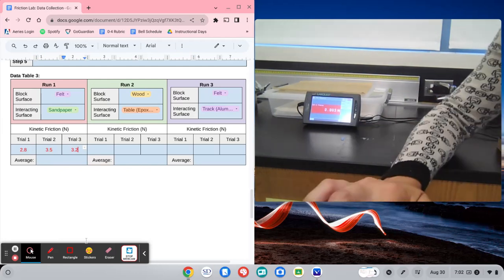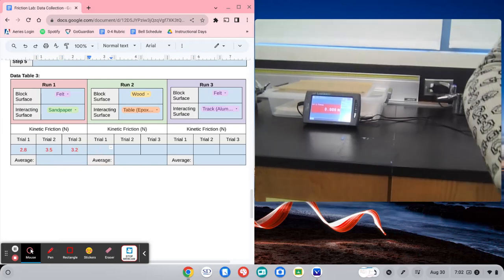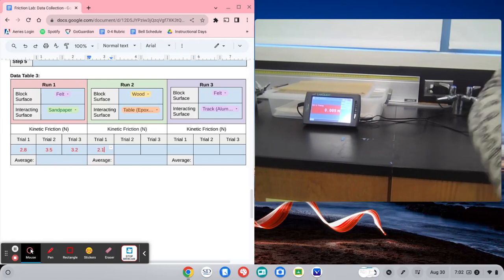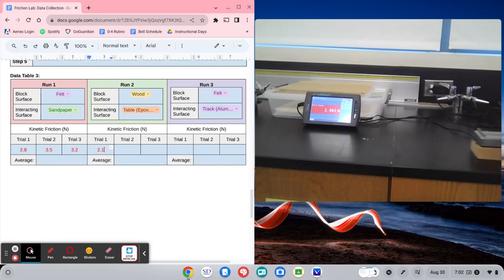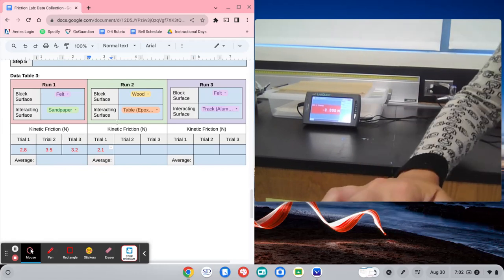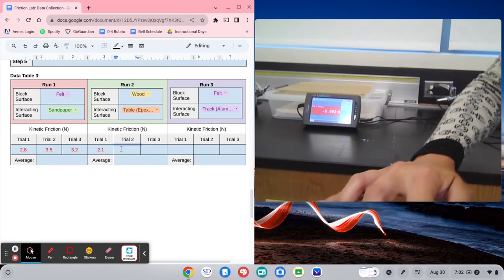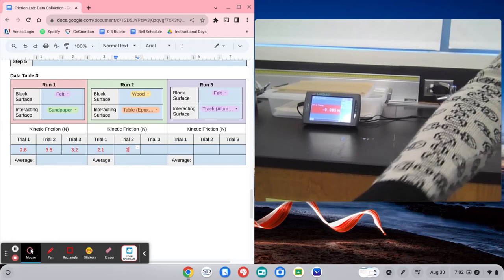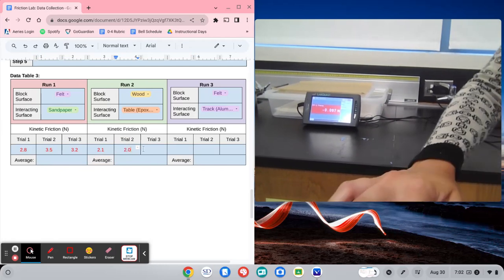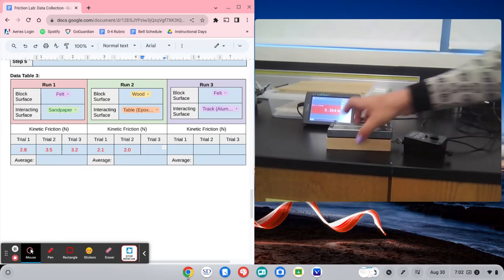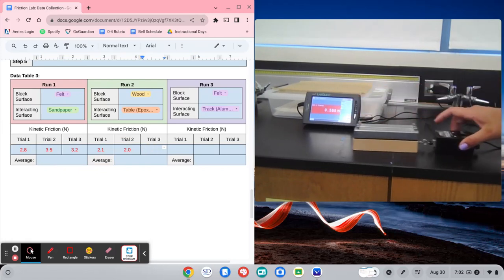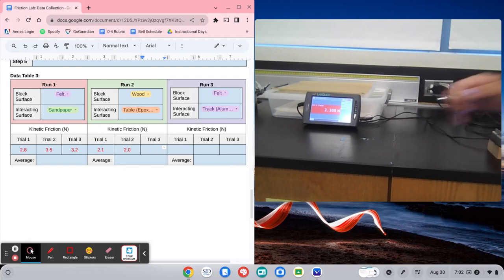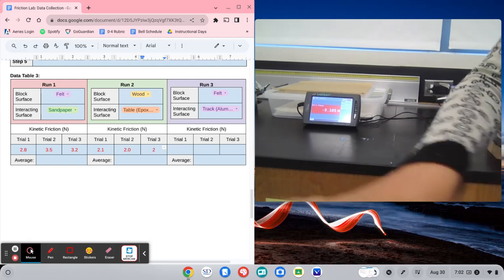So I got 2.1 for that first trial. 2.0 for the second trial. And 2.1 for the third trial.